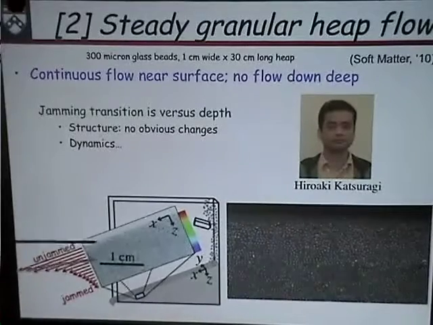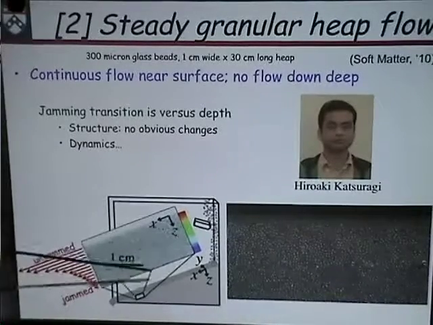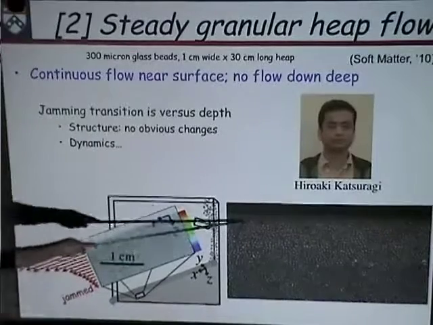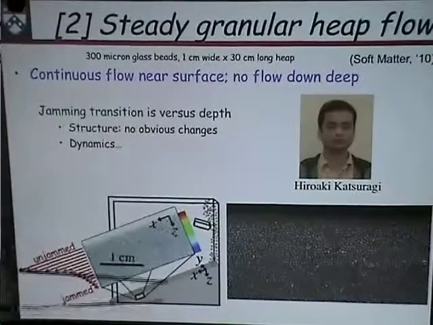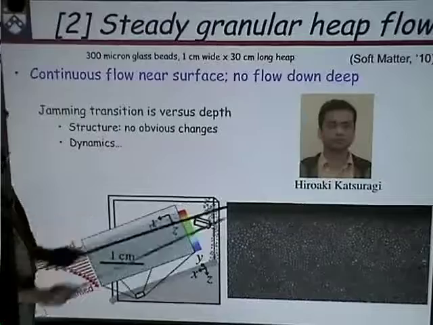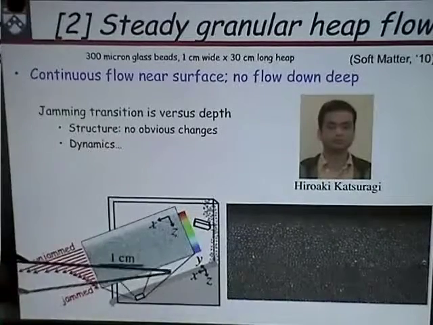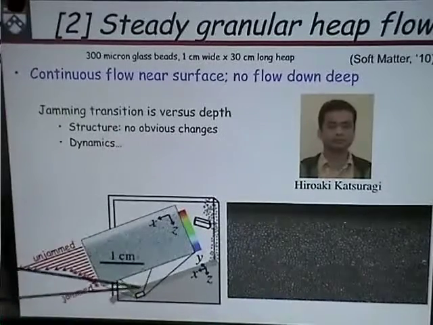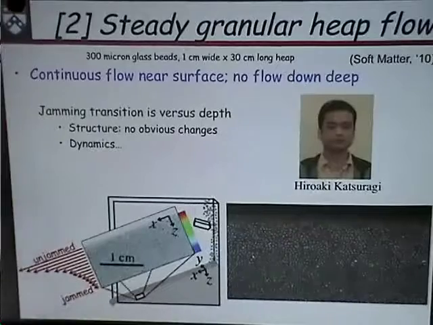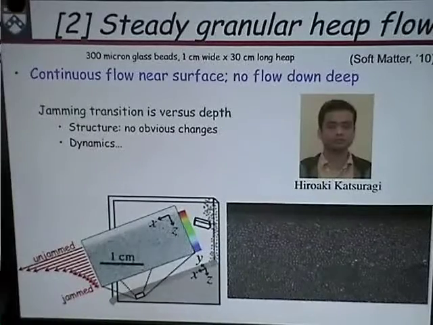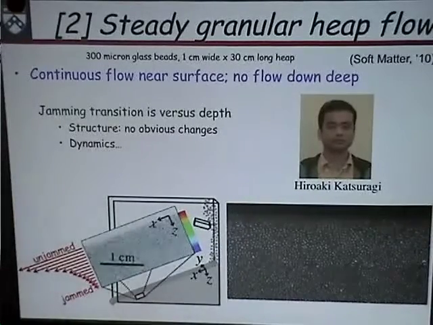So here's a movie of what you see with a fast video camera, slowed down by a factor of 30, I think. These are clear walls, so we can look at the grains near the boundary. You can't look in the interior because it's opaque; the bulk sample is white.